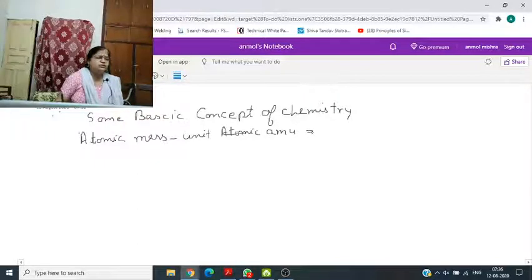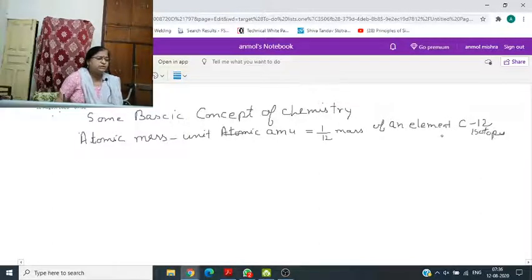AMU is equal to 1/12 of the mass of an element with respect to the C-12 isotope.